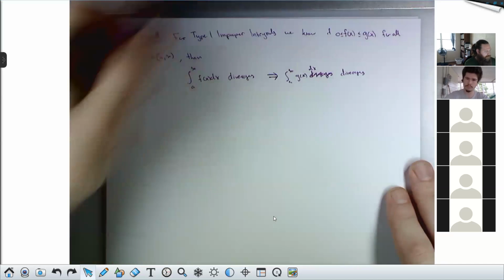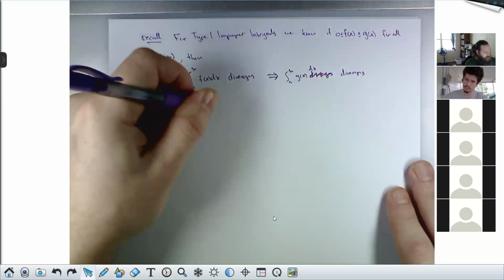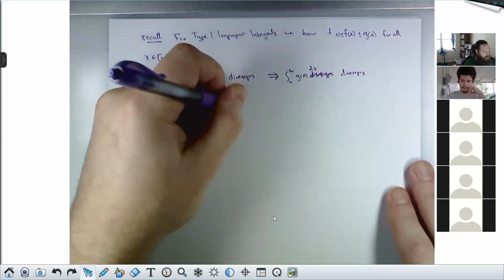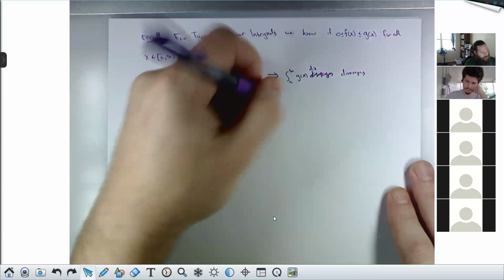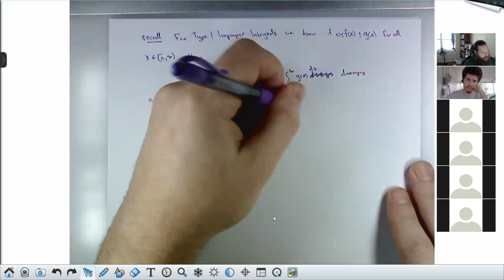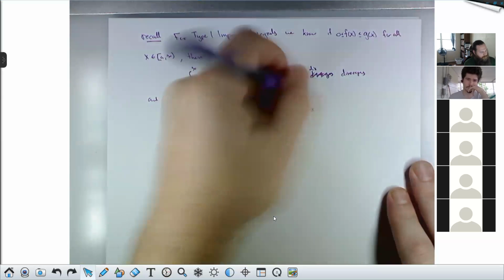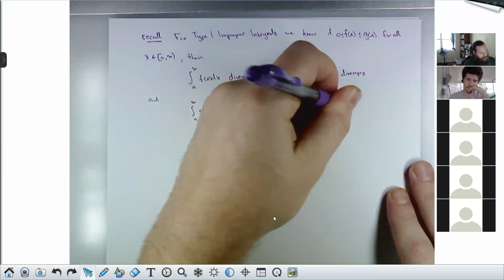If the integral from a to infinity of g of x dx diverges, and if the integral from a to infinity of g of x dx converges, that implies that the integral from a to infinity of f of x dx converges.